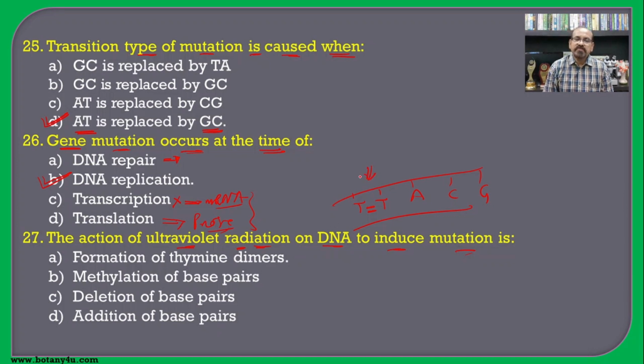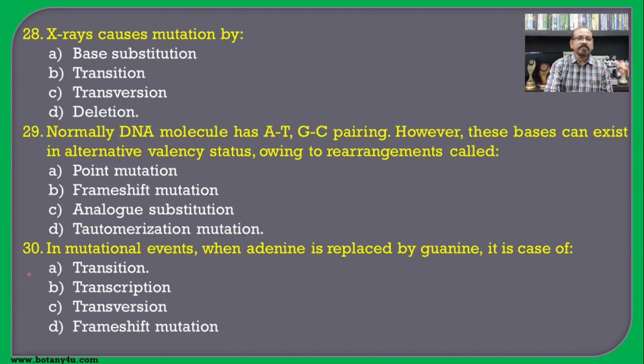Because of the thymine dimer, it is unable to form hydrogen bonding with the adenine on the opposite strand, and hence it is considered a mutation. So formation of thymine dimer is the correct answer for this question.